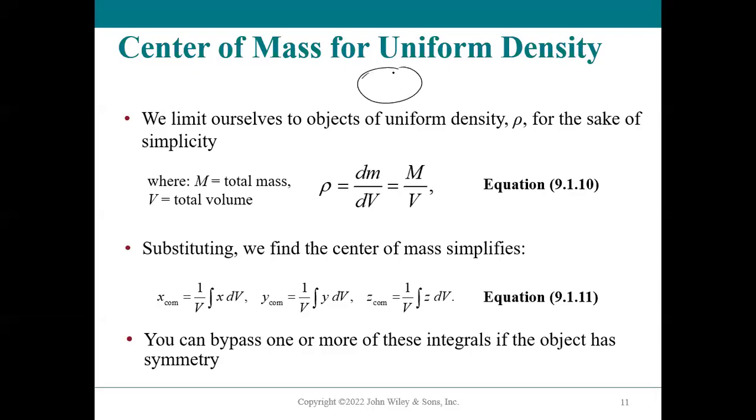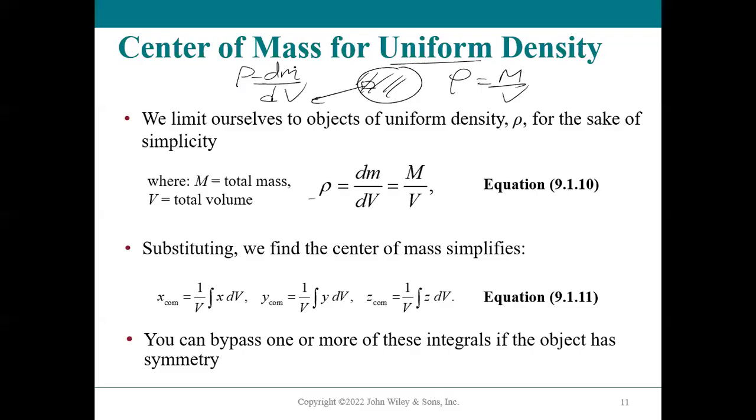We know that the mass density is mass divided by volume. And if we take a very small element, for uniform density, rho also equals dm divided by dV. M is the total mass and V is the total volume.